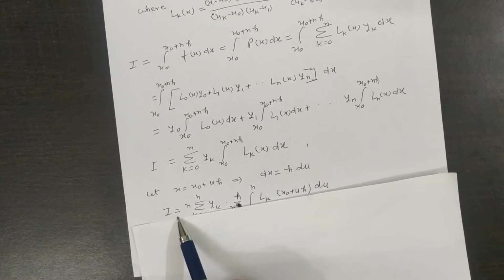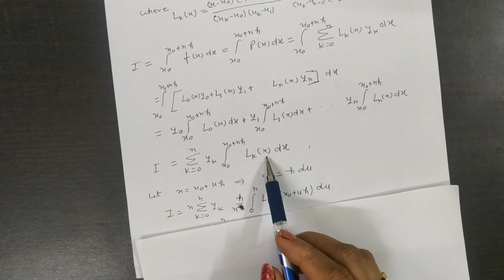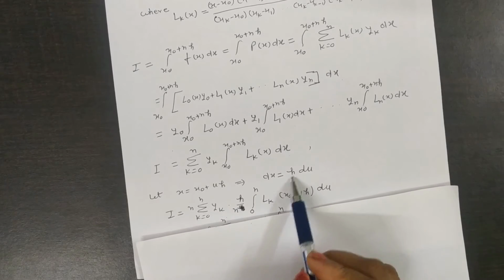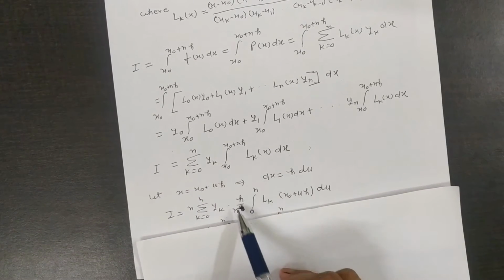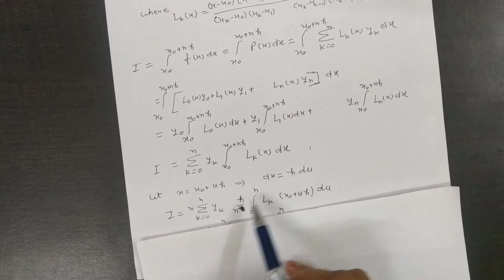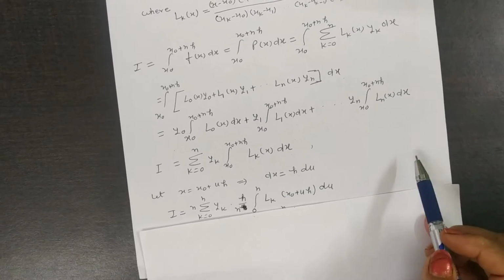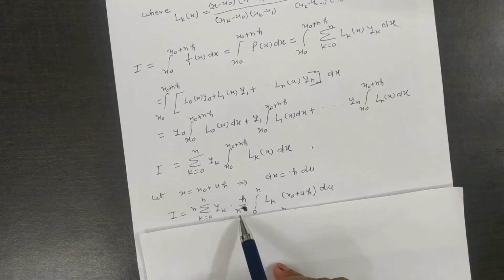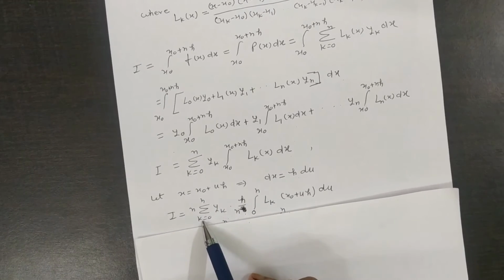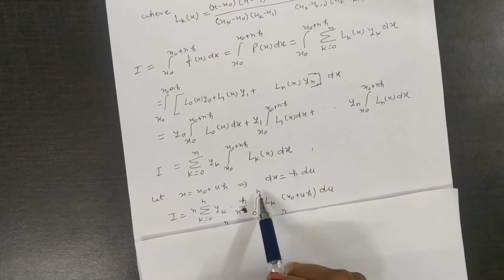So I is equal to the sigma of yk, and in place of lk(x), we put x = x0 + uh. If we substitute this value, then in place of dx we get only h du. The limit of integration changes from 0 to n.